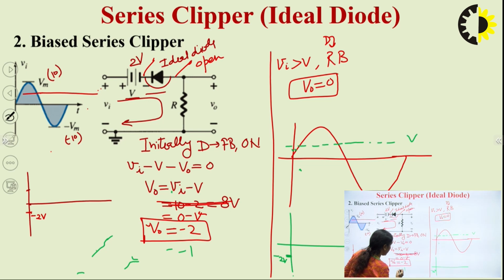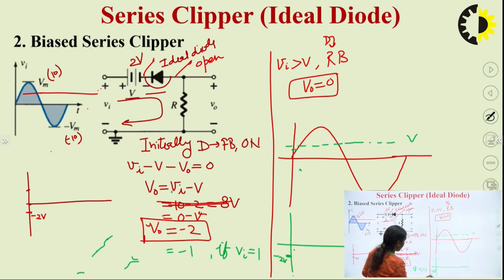It will be minus 1 if Vi is equal to 1 volt. So, we get this another point, and if I keep the value Vi equal to 2 volt, then V naught is equal to 0. So, that means you get this graph. Here you can see this is the graph.